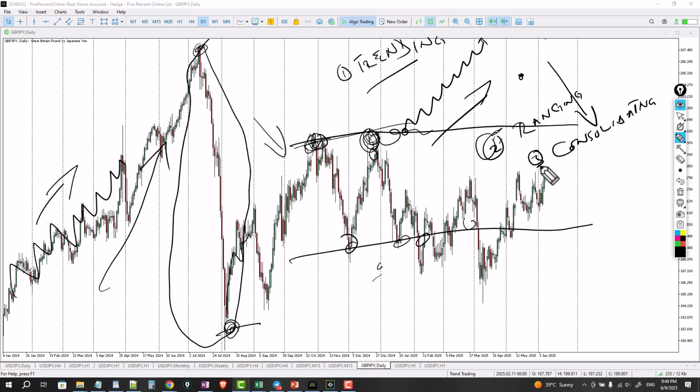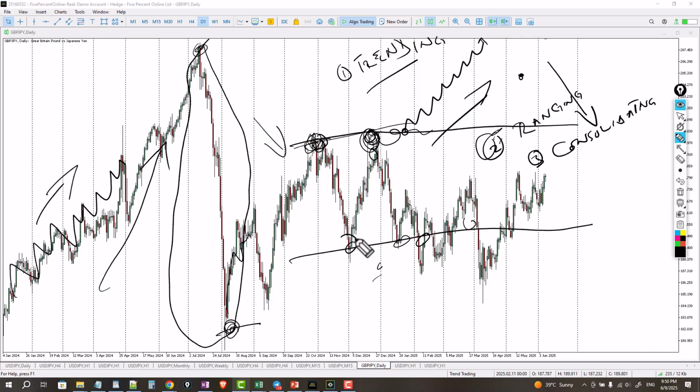And last but not least, consolidation is when the volume in the market is so low that price finds it difficult to form higher highs and higher lows, like in an uptrending market, or lower lows and lower highs in a downtrending market, or even equal lows and equal highs, as in a ranging market.